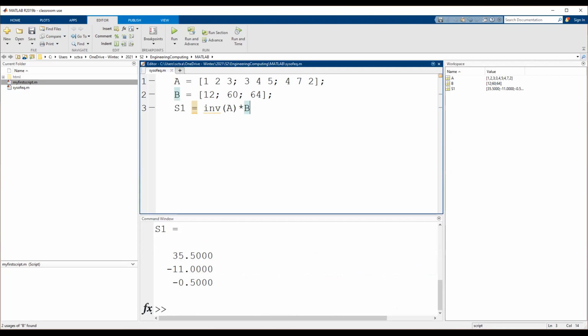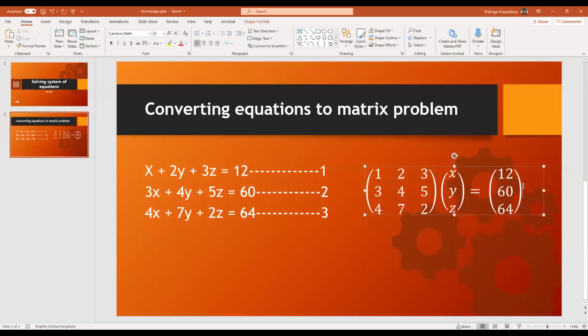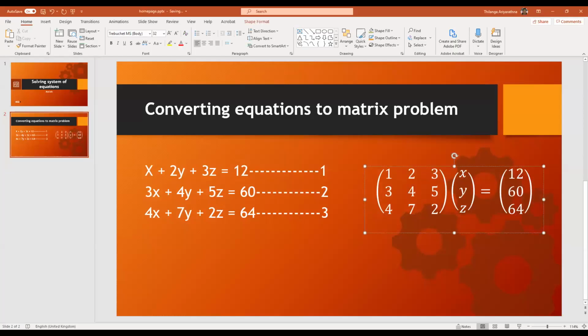So if you go back to the problem that we had, and this is our problem, right? Now, this is in the form A x equal to B. Now I can write, so we have left hand division or inv A. This is what I did.